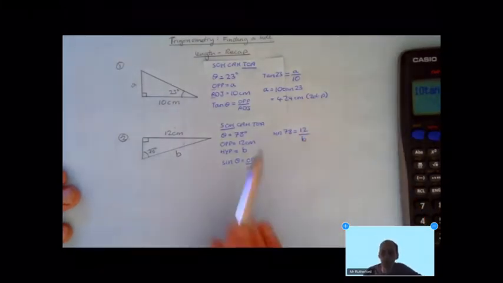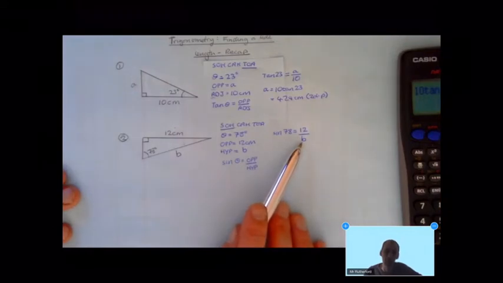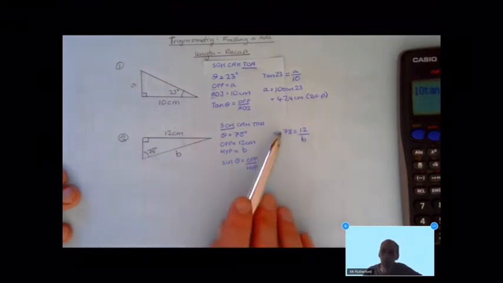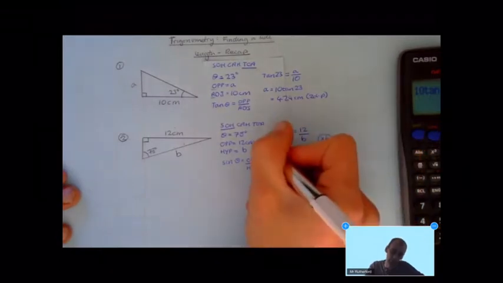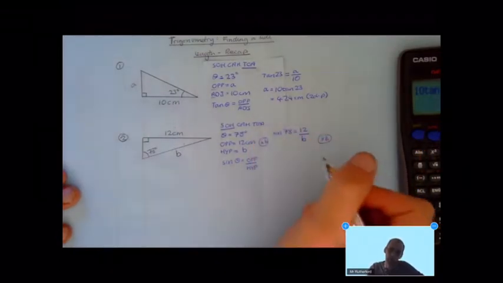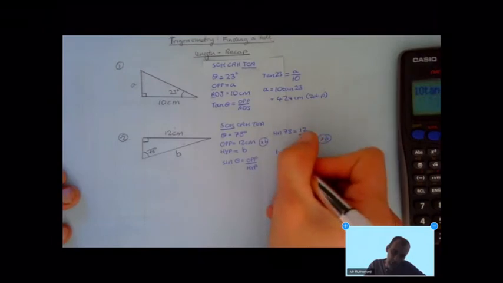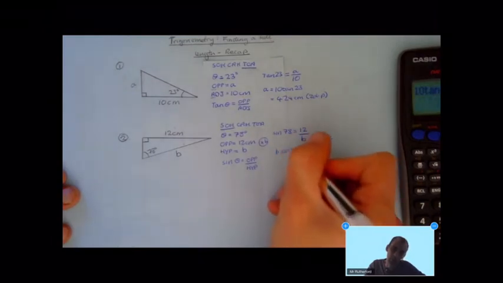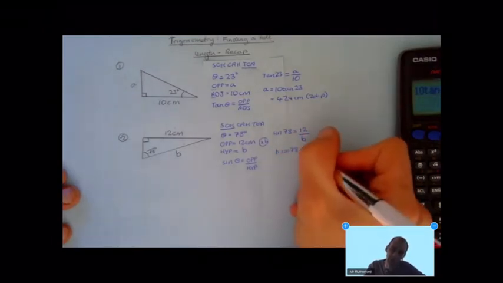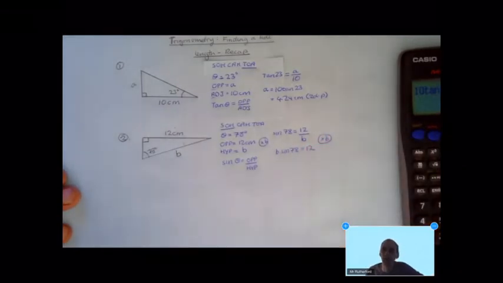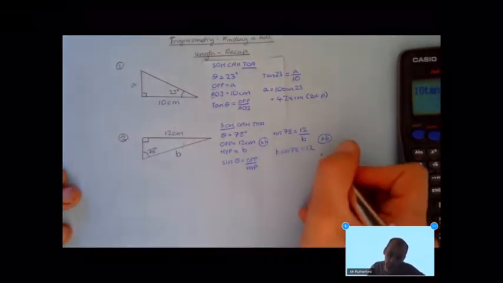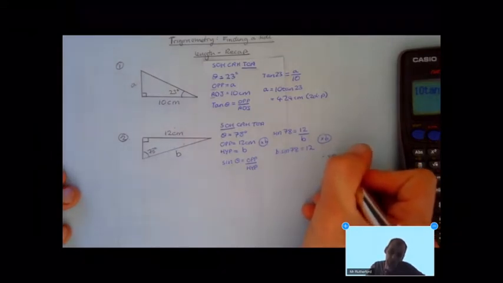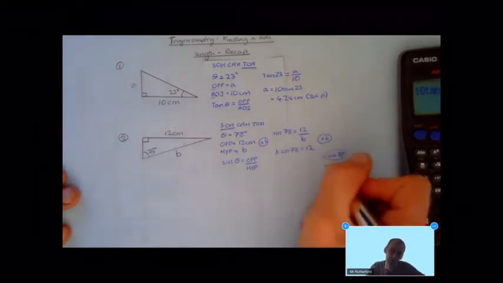This causes us a few problems with the unknown being stuck on the bottom here. Let's bring it up to the top by multiplying both sides by B, or our unknown, and we end up with B sin 78 equals 12. We've still not got our B on its own. We need to divide both sides by sine 78.